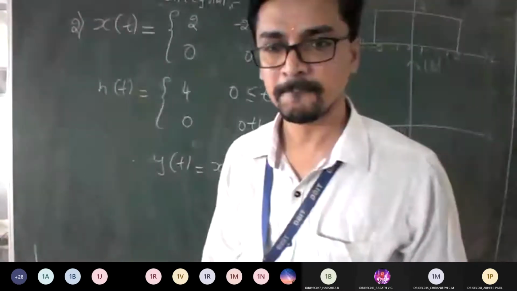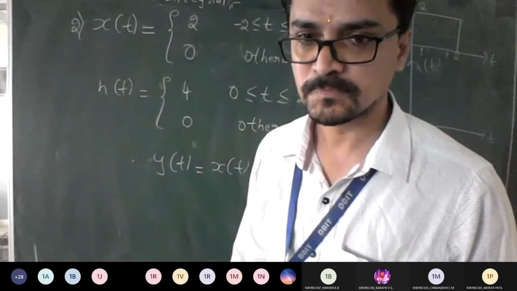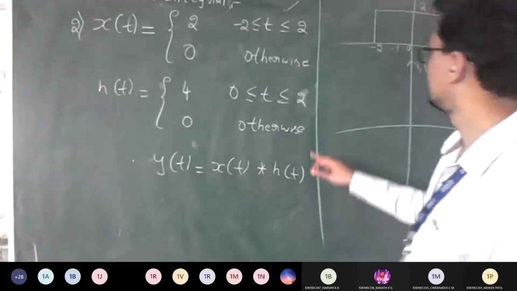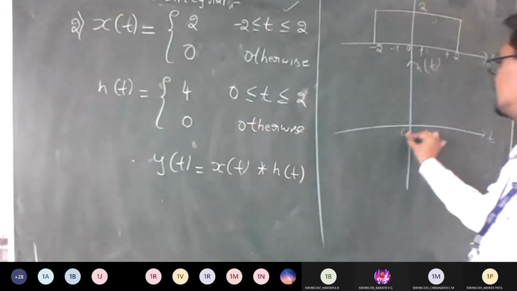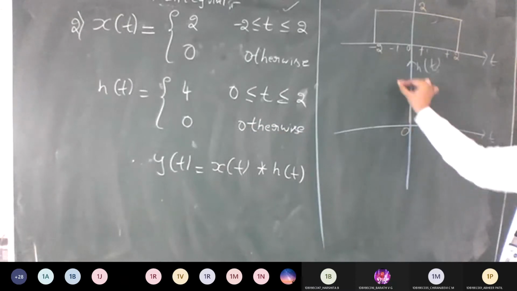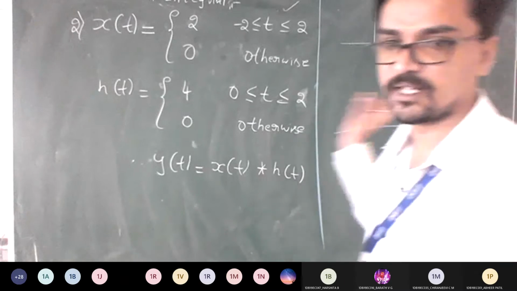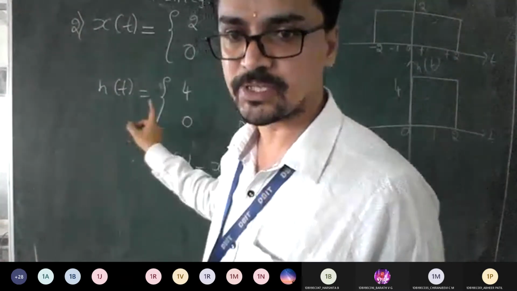Is it okay, guys? Yes. Similarly, h of t: 0, 1 and 2. How does it look? The amplitude is 4 now, and it ends at this point. These are the two signals given in the question.